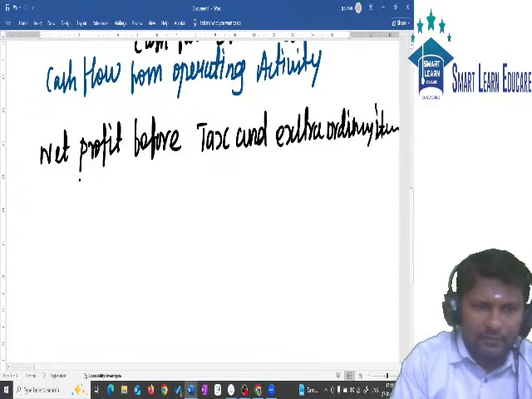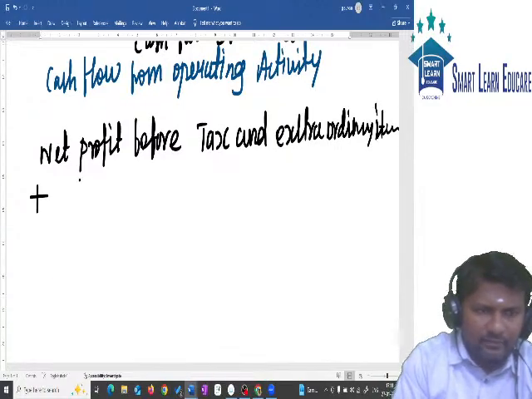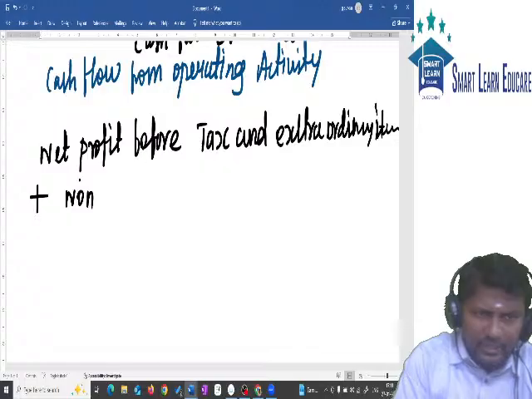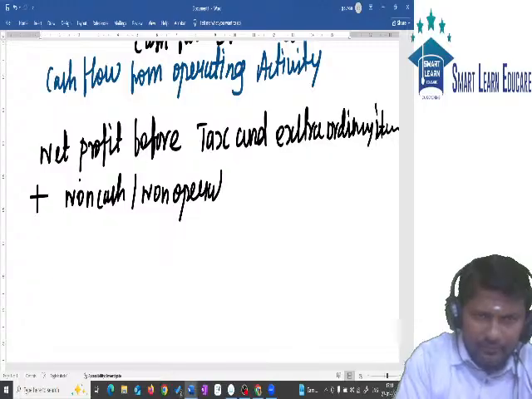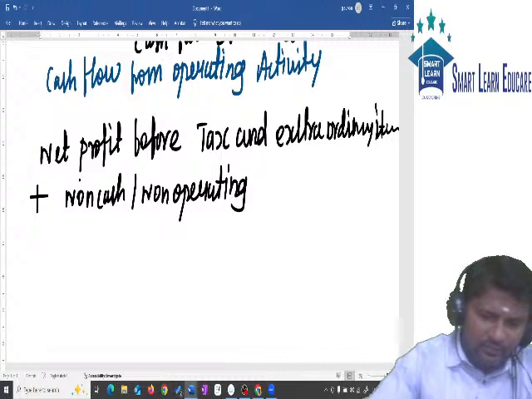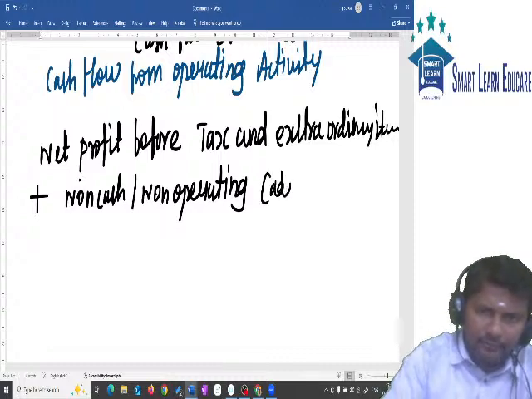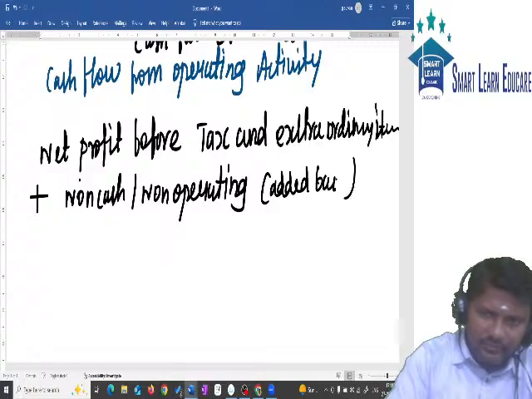With this net profit before tax, add back non-cash items or non-operating items. What are the non-cash items or non-operating items?